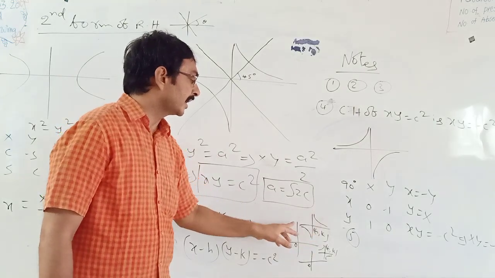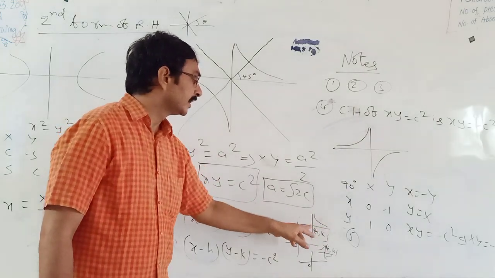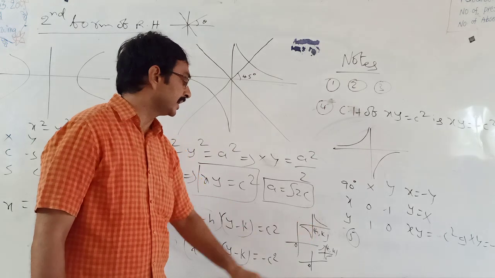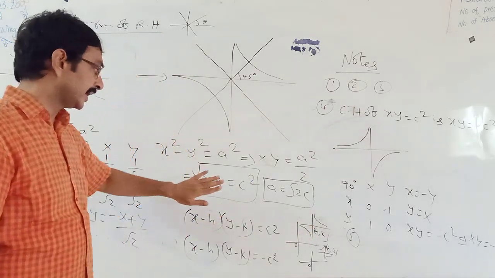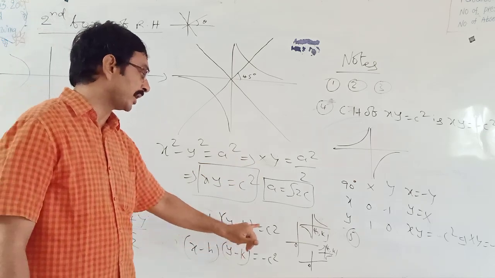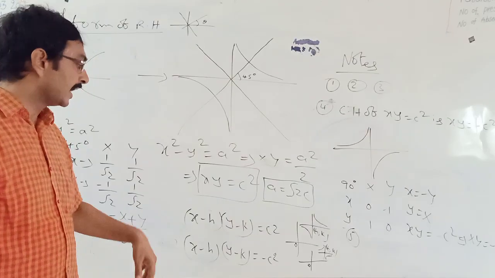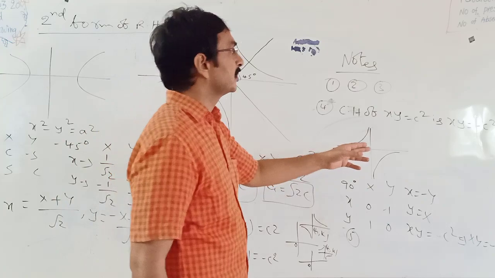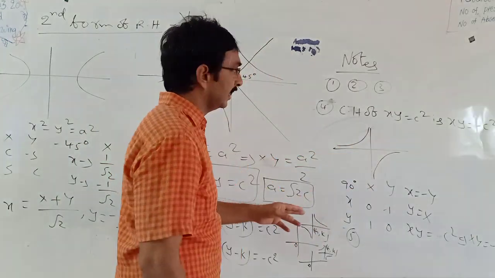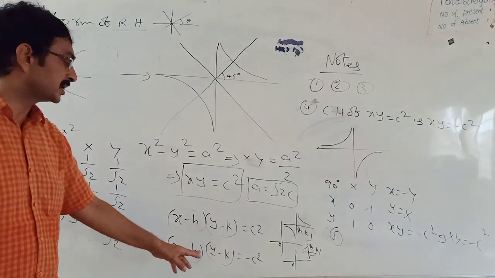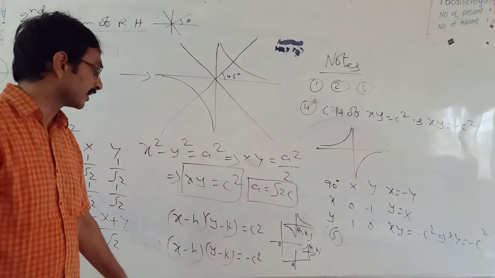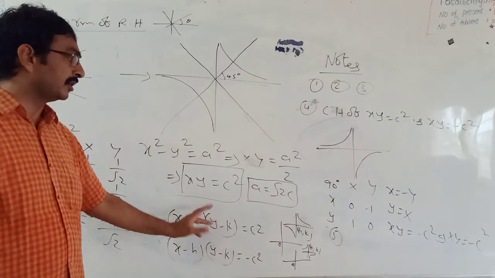See, vertical line, horizontal line. So the center of this one is clearly h comma k. When the origin is shifted to this point, this becomes x minus h into y minus k equal to c square. And similarly, if the origin is shifted to the point h comma k, then xy equal to minus c square becomes x minus h into y minus k equal to minus c square. This is the conjugate of that one and vice versa.